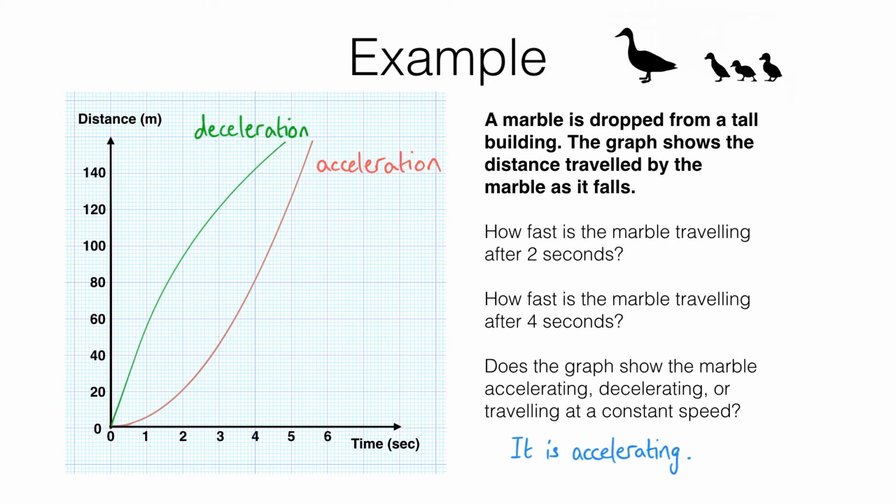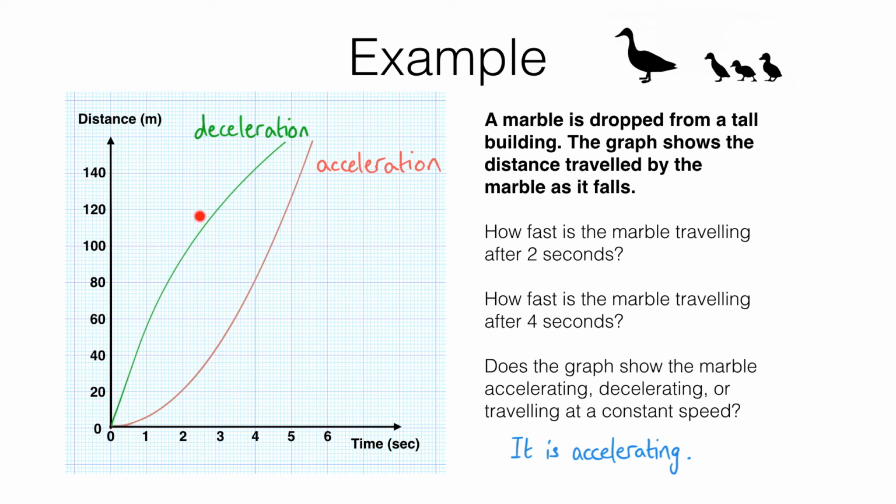Now that's the opposite in the case of this green one. At first, you can see this is really steep. So that means we've got a high gradient or a high speed. But as we go further along this curve, you'll see that it's getting less and less steep. If you imagine walking up this thing, it would get easier and easier. So that's because the gradient here is getting lower, which means the speed is getting lower.